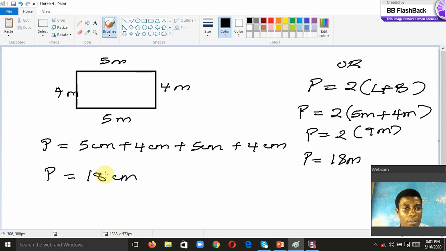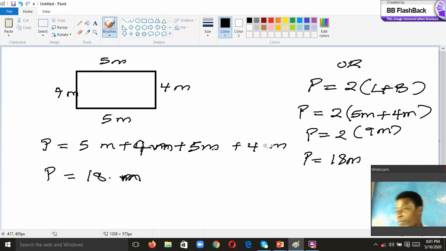So it's 18 meters, not centimeters. The sides are 4 meters and 5 meters, and the perimeter is 18 meters.